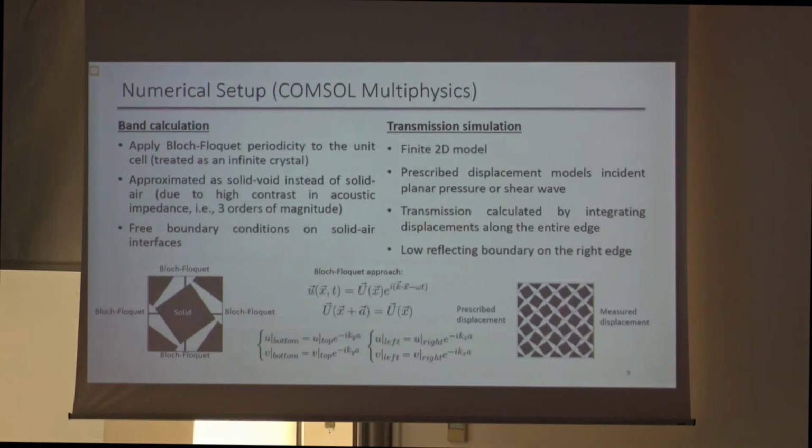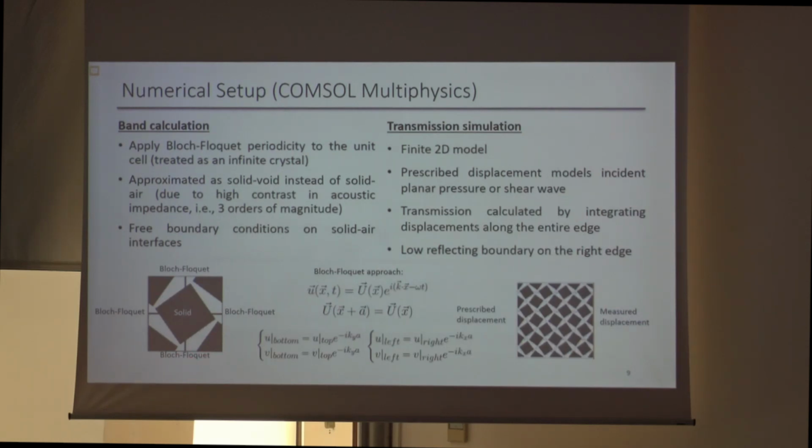So to model this family of 2D phononic crystals with the Bravais lattice and fourfold rotations, we use the classic Bloch-Floquet approach, meaning that we apply Bloch-Floquet periodicity conditions at the boundaries of our cell.